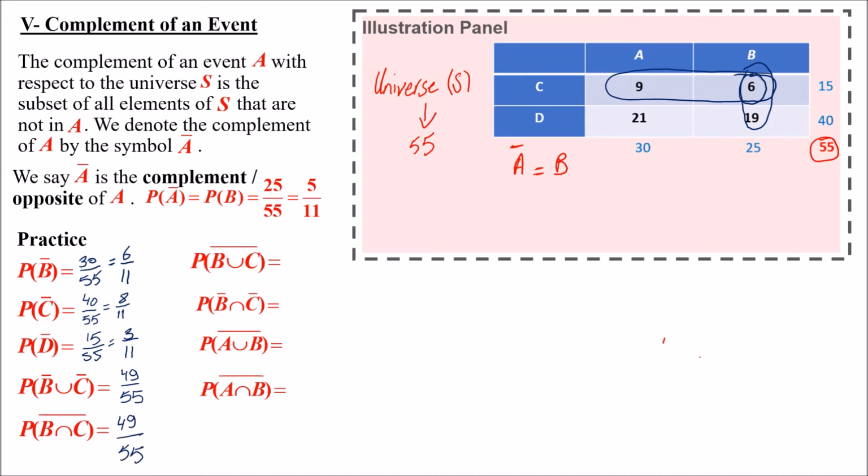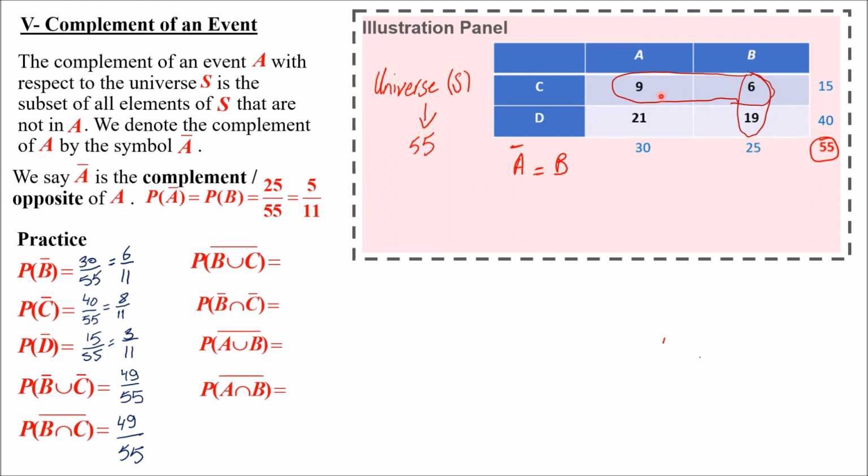Now let's move on to find the probability of B union C all bar. So, also step by step. First, we try to find B union C. This is B, and this is C. So the union of these are all the elements found here.